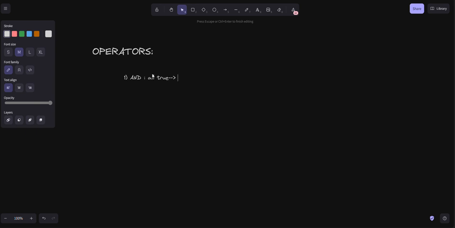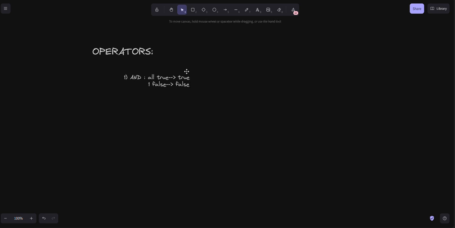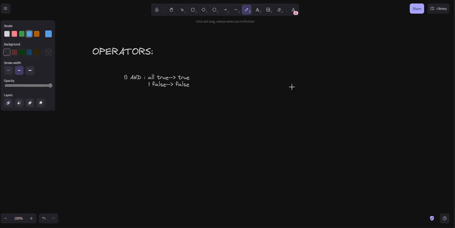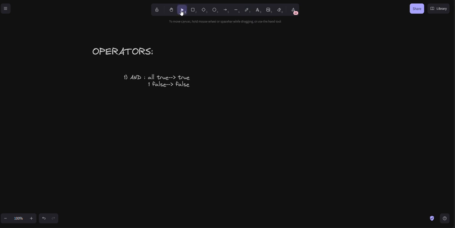All true means that you will get the output as true, and if even one is false, you'll get false. No matter what, you'll get false if any one is false. So let's also write an example side by side here. Right. Now let me make it a little bit better.